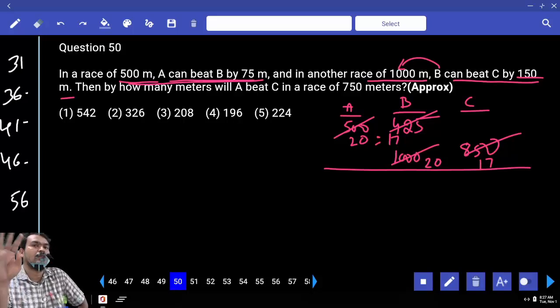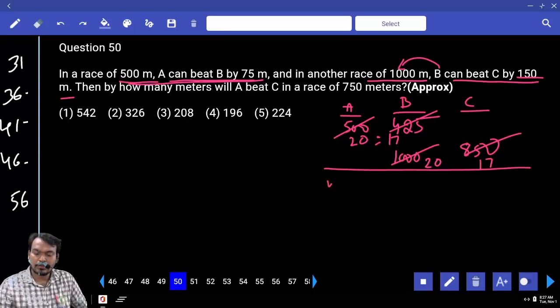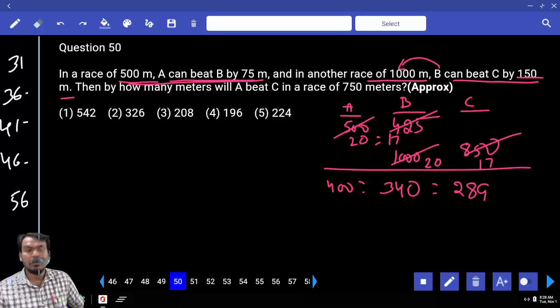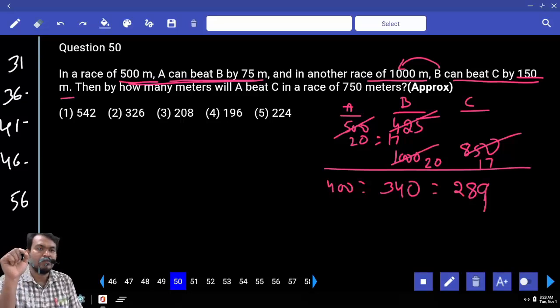Two ratios converted to a three-term relation. 20 into 20 is 400. Second one, 17 into 20 is 340. Third one, 17 into 17 is 289. What is the meaning? If in a race of 400 meters A covered 400 meters, B covered 340, C covered 289.